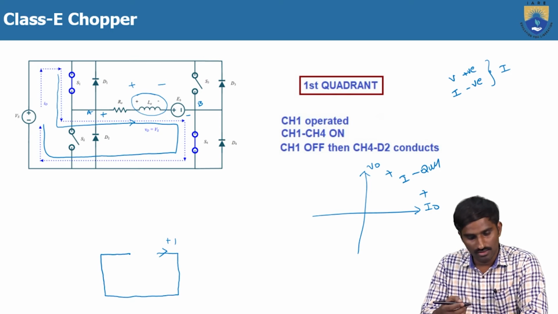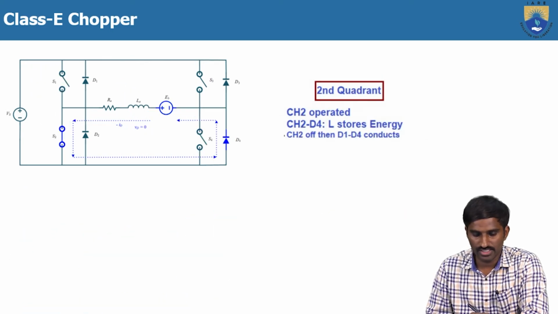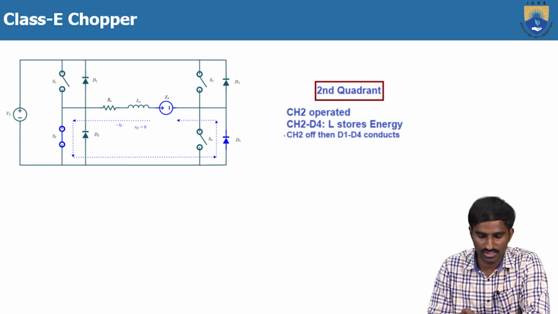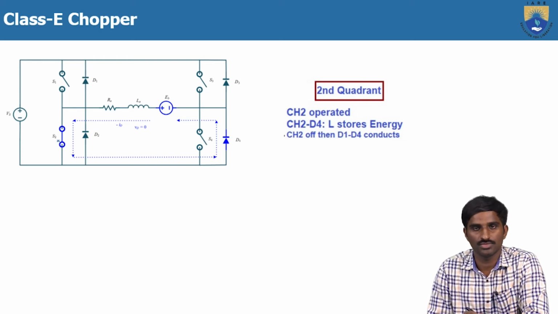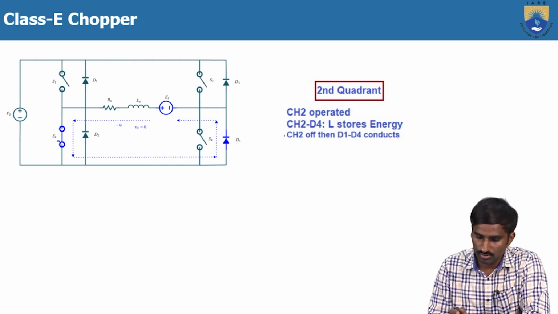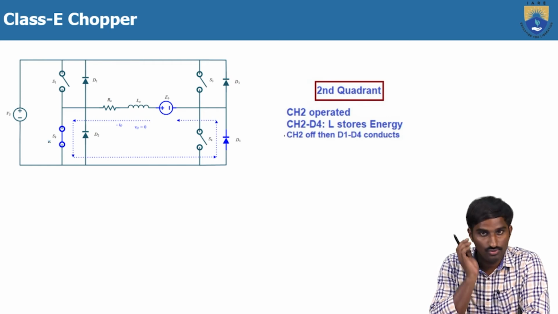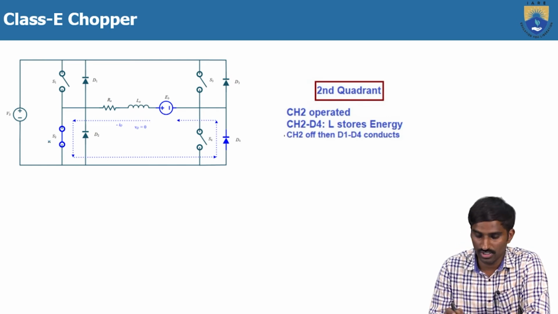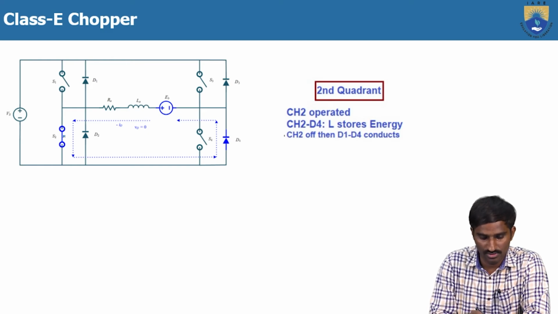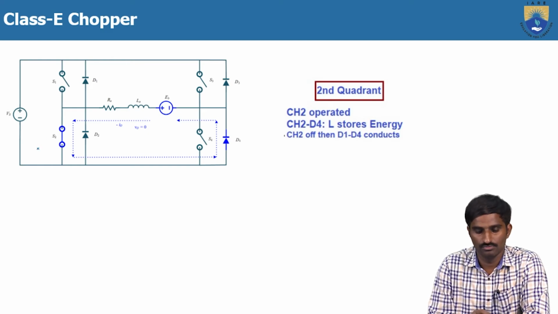Then coming to the second quadrant. In the second quadrant operation, we have to operate switch S2. Initially S2 was in the turned off position, and now we are turning on the switch S2.